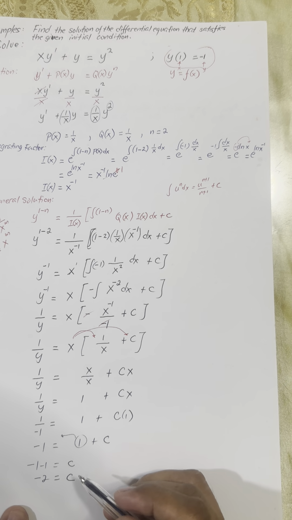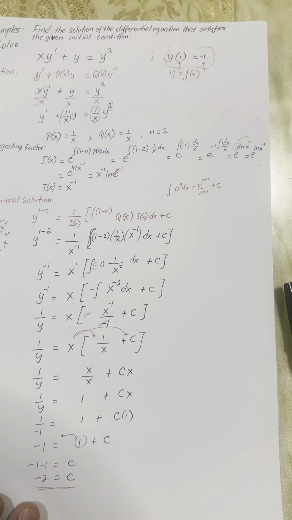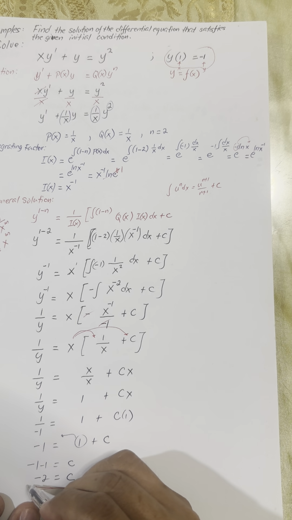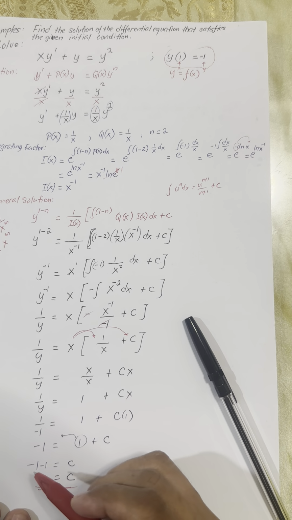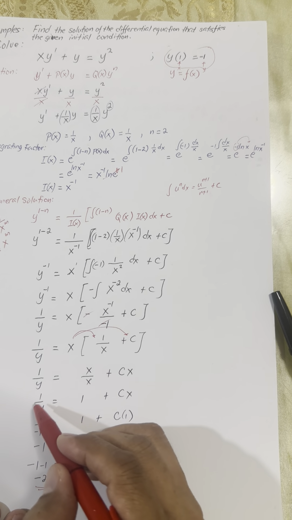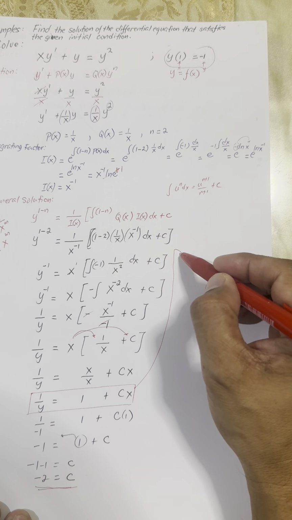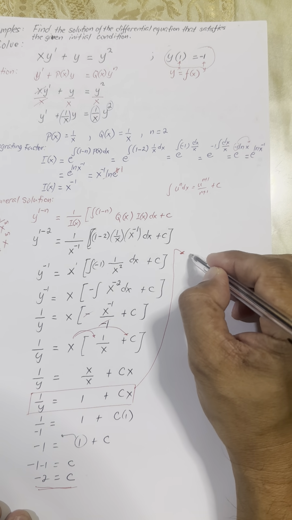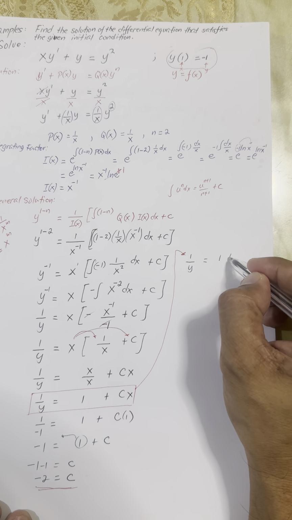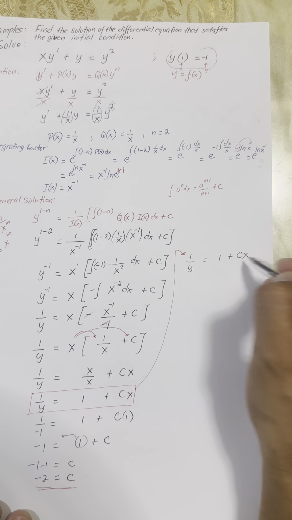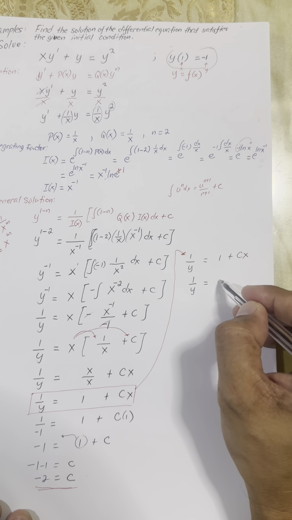Alright, so substituting this in our equation here. Let's rewrite it here. So 1 over y equal to 1 plus c times x, and our c is equal to 2.